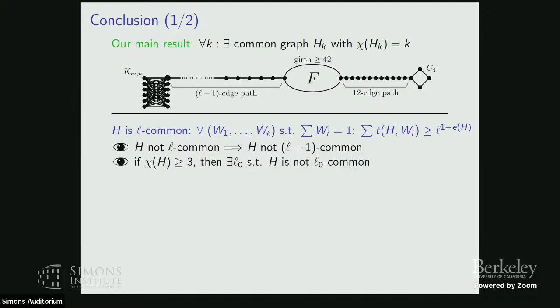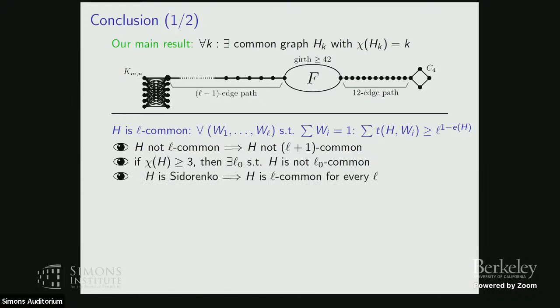So once it stops being L-common, then it's never L-prime common for L-prime larger than L. And also, as soon as the chromatic number of H is at least 3, you can cook up some multicolor coloring of the complete graph where you beat the random coloring. So in other words, every non-bipartite graph stops being L-common for some L_0.